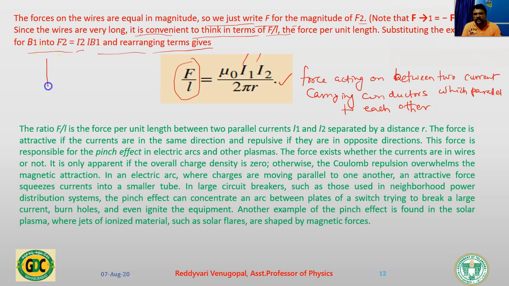So the situation is like this. We have two conductors, in one of which I1 current is flowing, and in the other the current I2 is flowing.